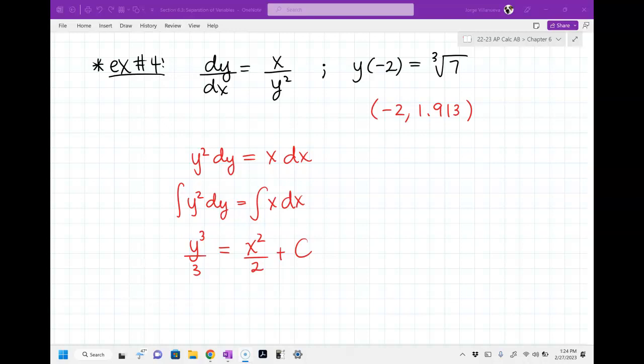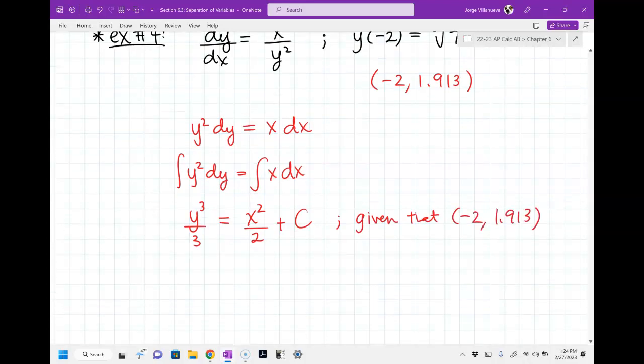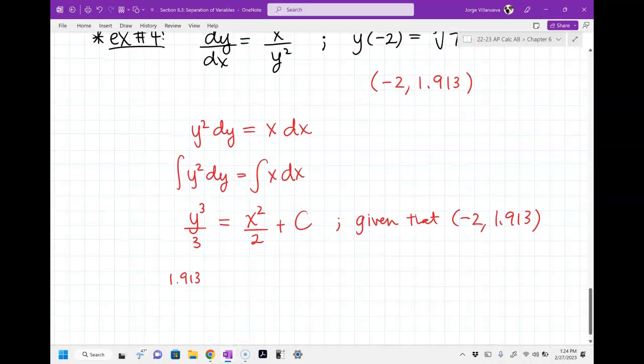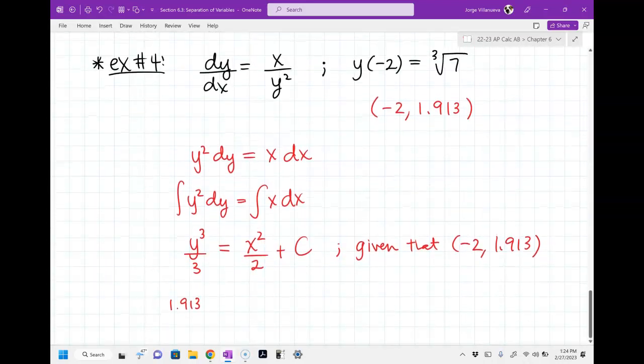Okay? At this point, you're going to plug in your initial condition. Okay? So I'm just going to write right here, given that negative 2, comma 1.913 was given to us. Let's plug that in. Actually, it would probably be better for me to keep it as a cubed root of 7, wouldn't it? Because cubed root of 7 cubed would just be 7, right? So if you guys don't mind, I'm just going to keep it as a cubed root of 7.